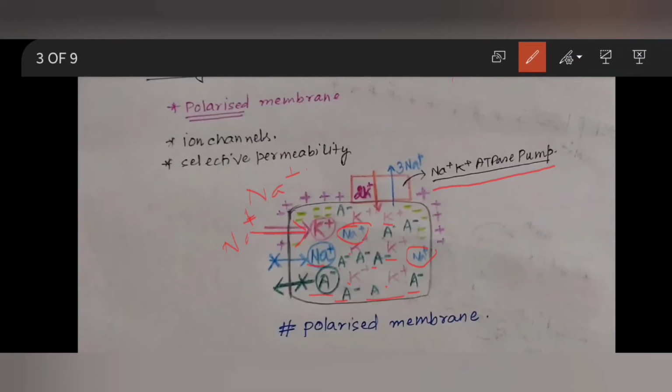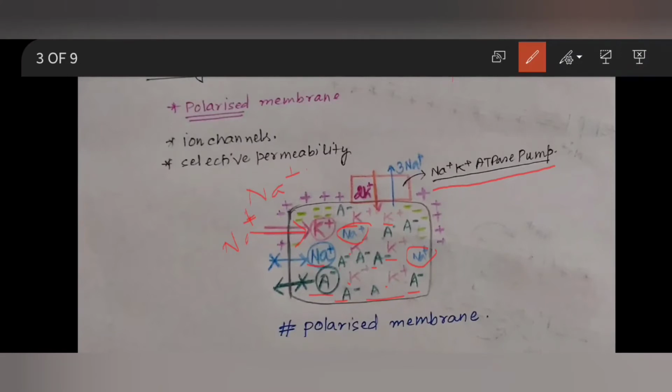Due to lot of negative ions and potassium ions inside the cell, the inner side of the cell membrane becomes relatively negative in potential. With respect to the outside of the cell membrane, that becomes positive in potential due to the abundance of the sodium ions.